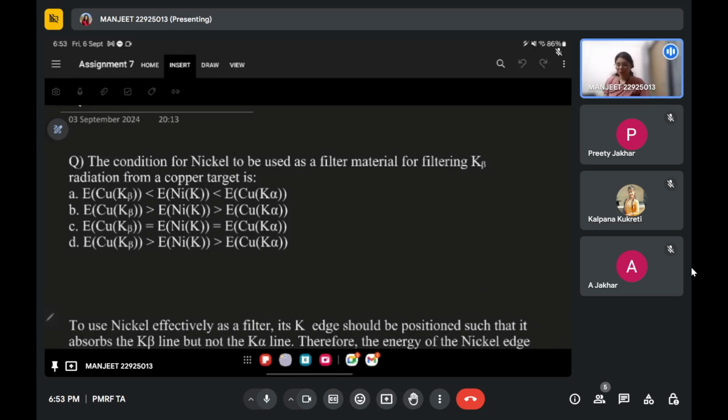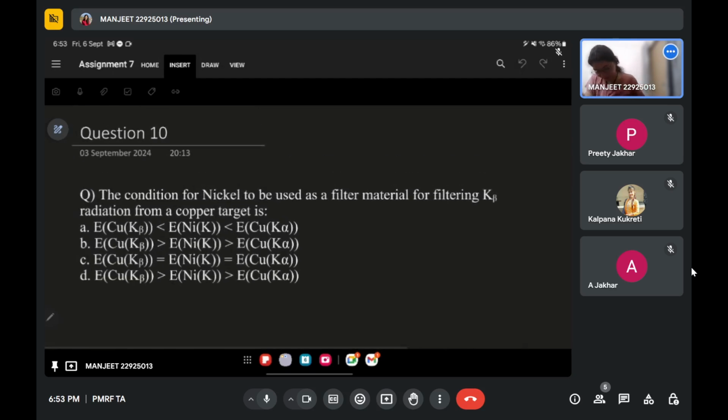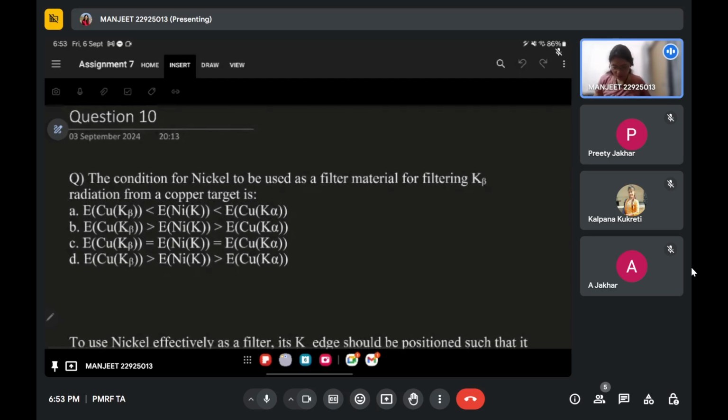Okay, so in question number 10, the question is the condition for nickel to be used as a filter material for filtering the K beta radiation from a copper target.